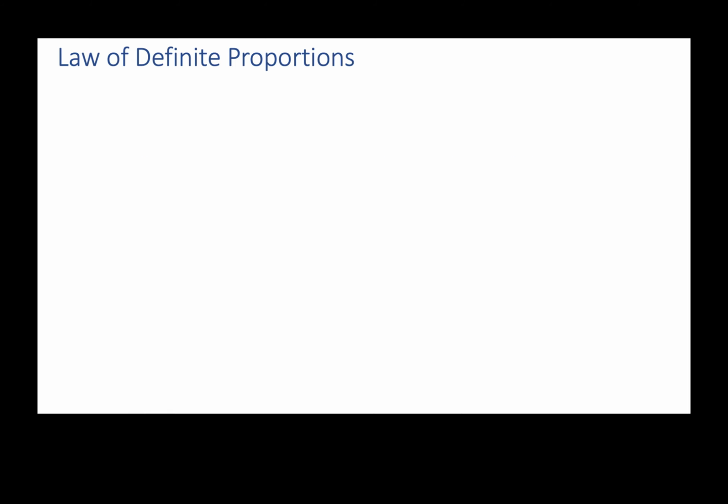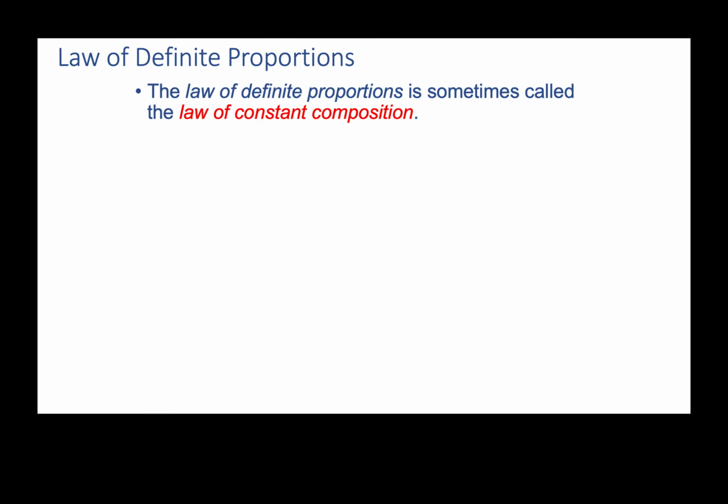But what that actually means is that the law of definite proportions talks about the proportions between the different types of atoms in a compound. So it's often called the law of constant composition because no matter where we get a certain type of molecule, it's always going to have the same composition.